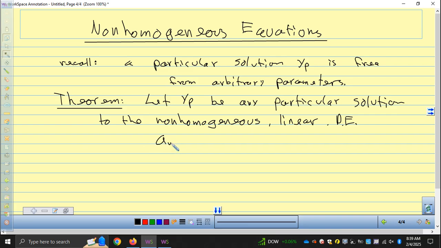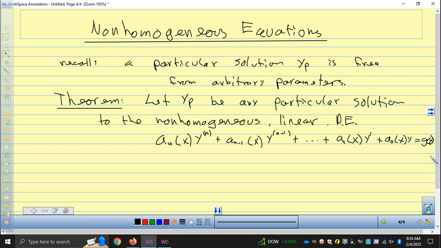Non-homogeneous, we have a sub n of x times the nth derivative of y, plus a sub n minus 1 of x times the n minus first derivative, plus dot dot dot, plus a sub 1 of x, y prime, plus a sub 0 of x, y, equals g of x.